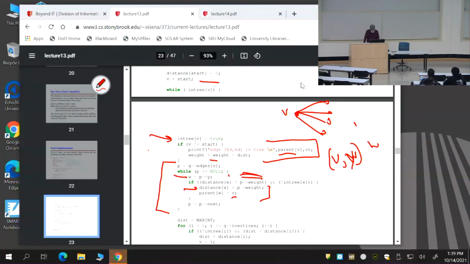This updates the cost of having added V to the tree. What is the cheapest way to get to all other vertices through V? If it's cheaper than the best way I know of adding it, I'm going to keep track of that. Any questions about that? What is the running time of this chunk of the algorithm?